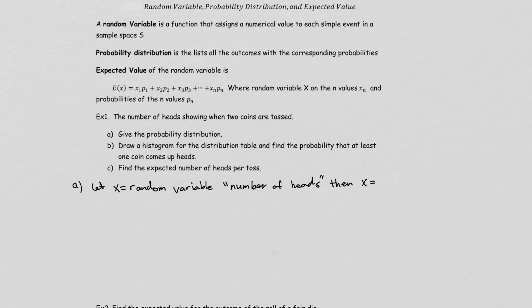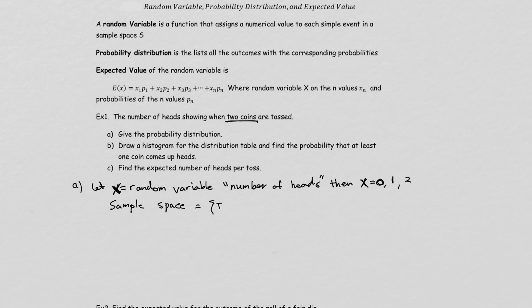So let's look at A. We're going to have random variable X represent the number of heads. Then, because you're tossing two coins, you could have 0 heads, 1 head, or 2 heads. If you don't know where those numbers come from, think about the sample space. What happens when you toss two coins?